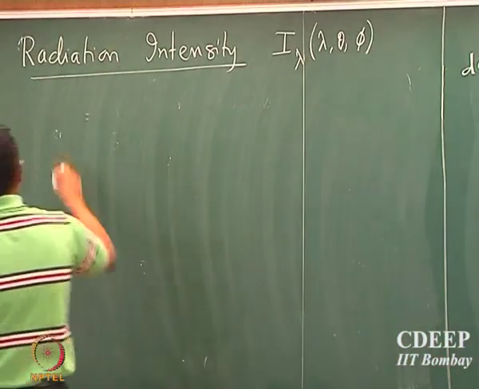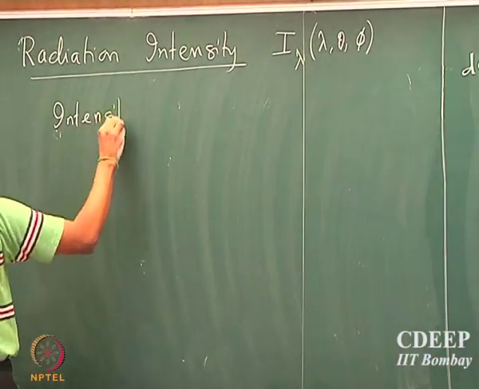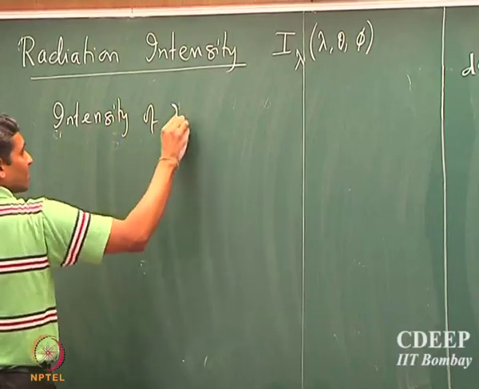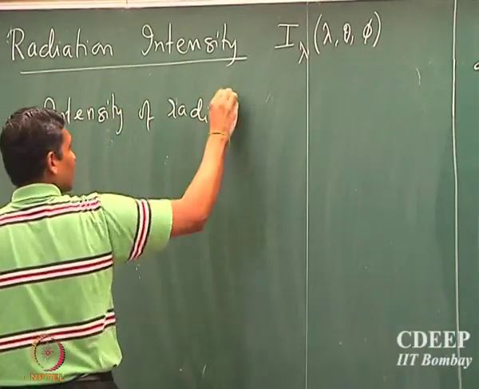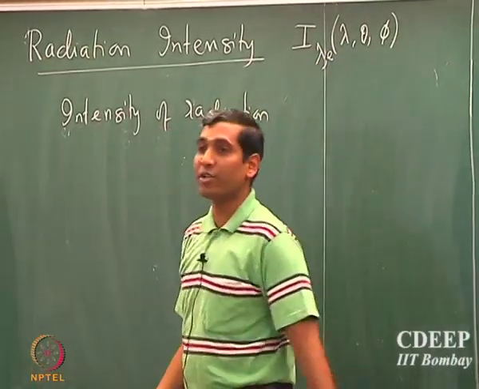It's defined as the intensity of radiation. I can also put an E here which stands for emission.